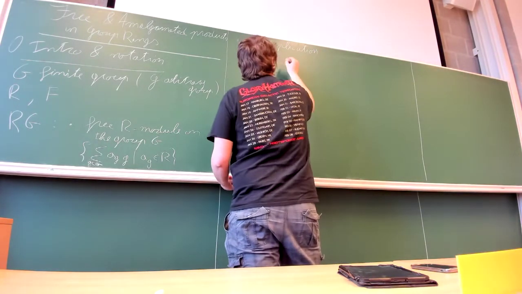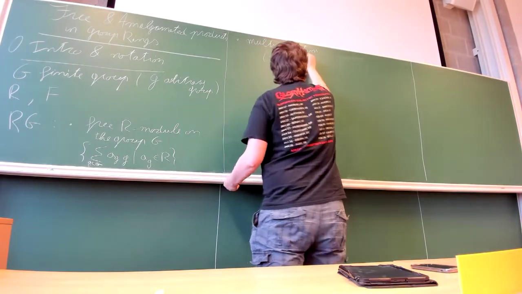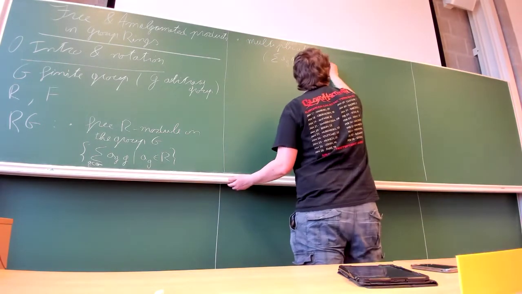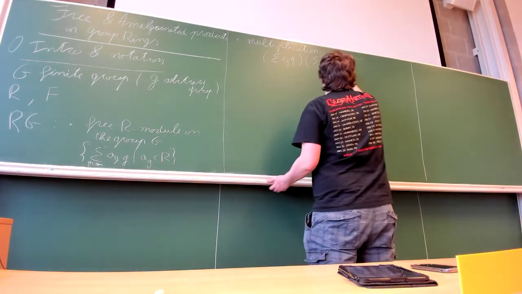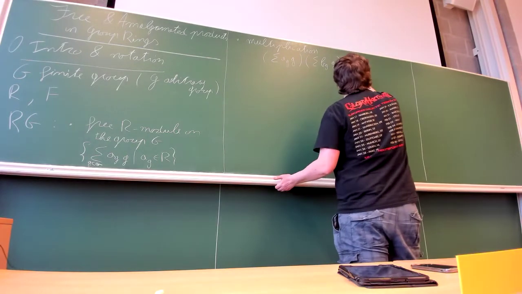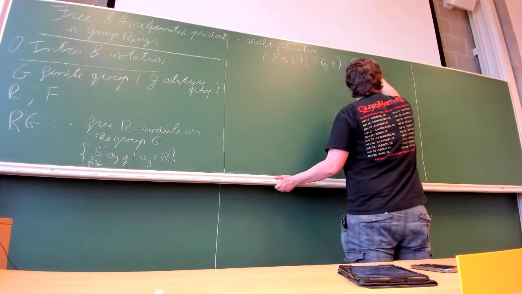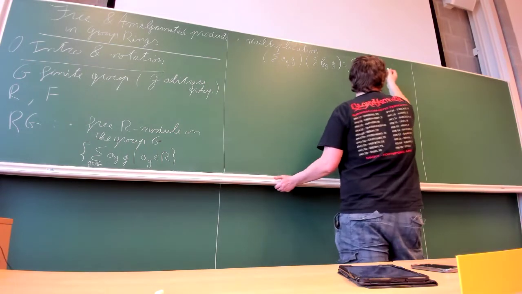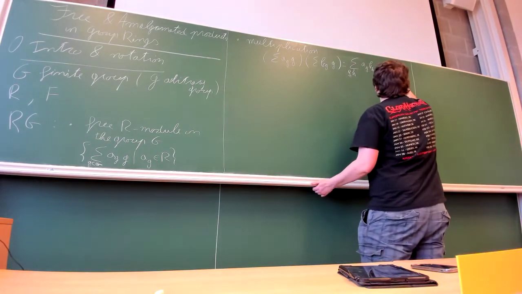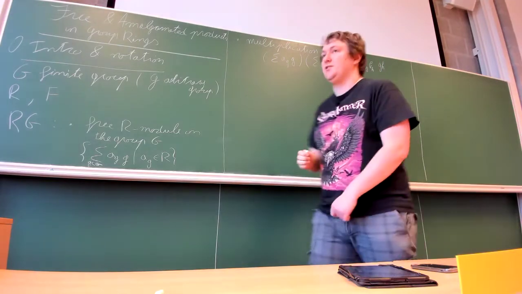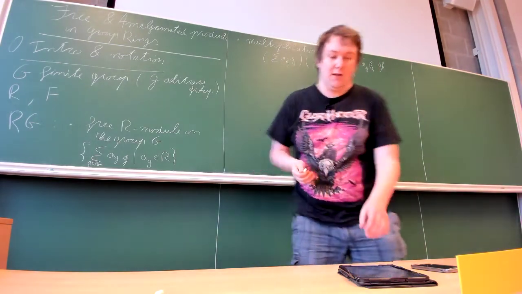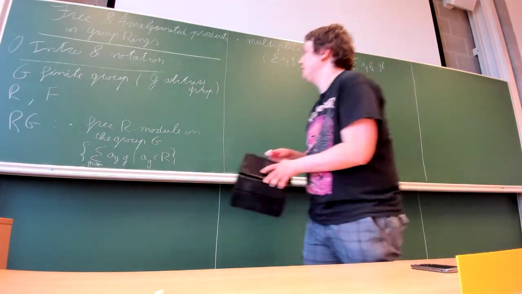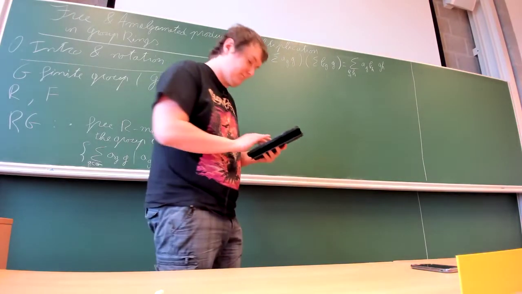If you take one element and you want to multiply it by another element, then you just do this: a_g b_h, multiply them in the ring, and then the basis element is just g times h. I think this is a very natural definition.